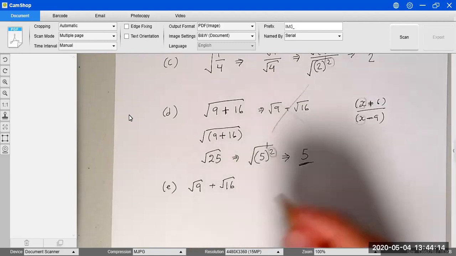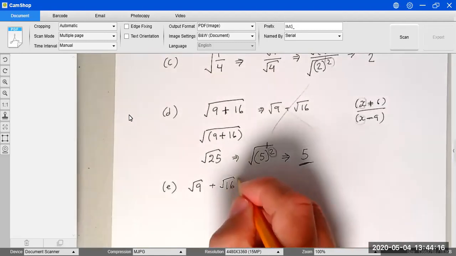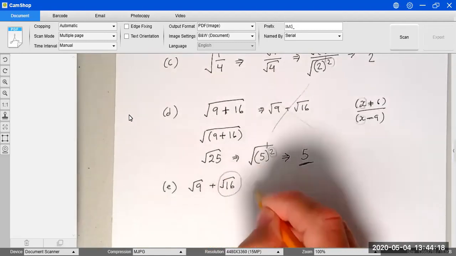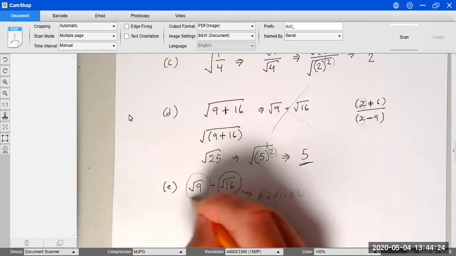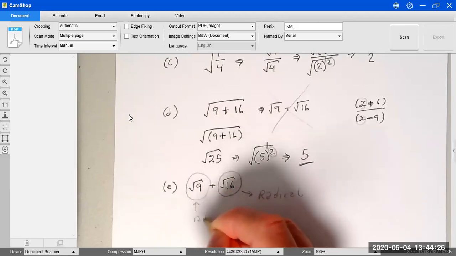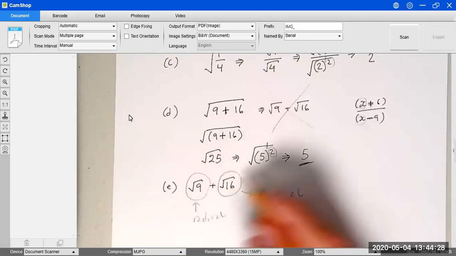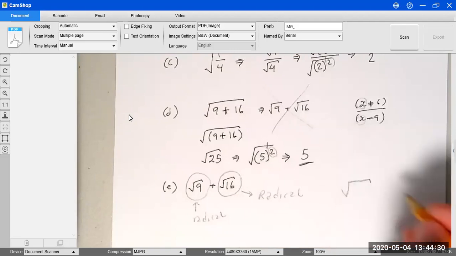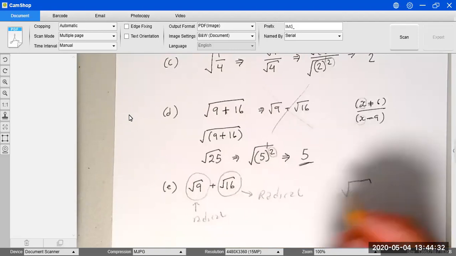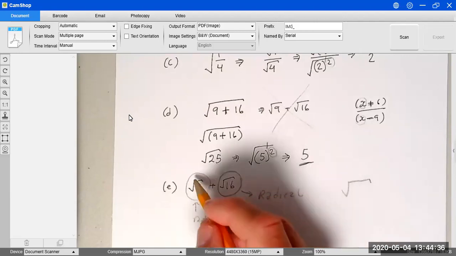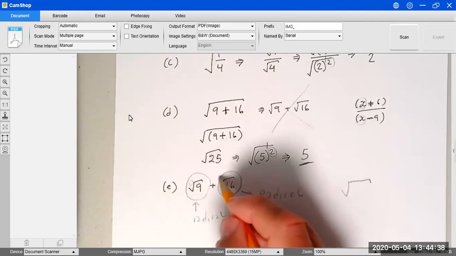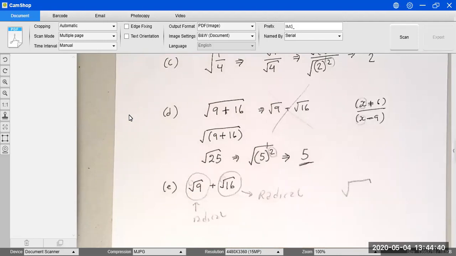I'm going to emphasize here that this entire expression is a radical. That's the way that we refer to this expression. And this is another radical again. If you have only the symbol, this is a radical sign. The part that is inside is the radicand, and the number that goes here is the index of the radical.